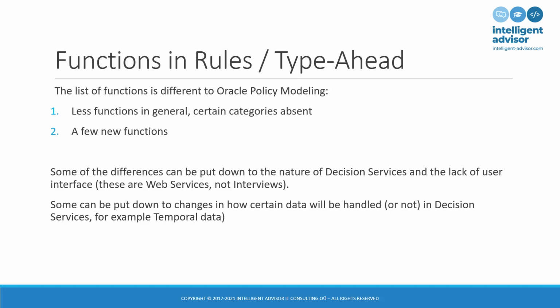To de-dramatize that, some of the differences can be put down to the nature of decision services, because there are no interviews in a decision service, so some functions don't make any sense in that context. And some can be put down to changes in how we handle data. The concept of temporal reasoning, for example, does not exist in a decision service, so all the interval and the temporal from functions are not present because there's no such functionality.